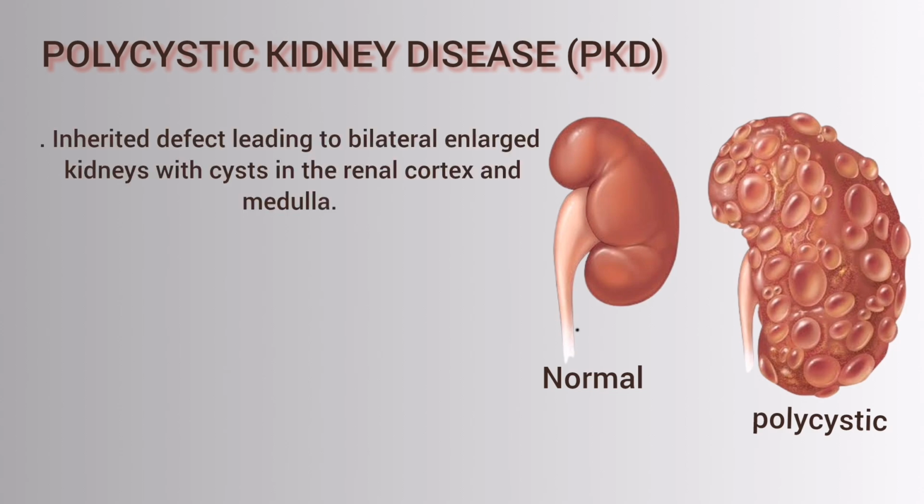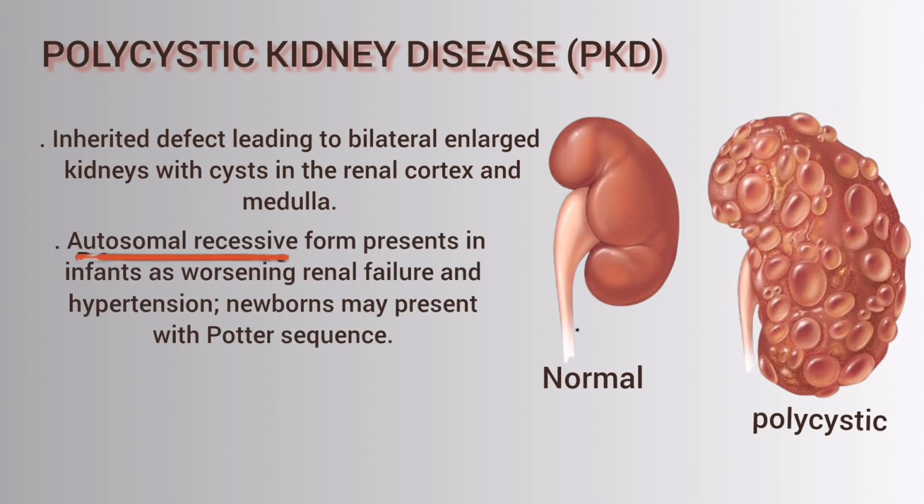PKD is an inherited defect leading to bilateral enlarged kidneys with cysts in the renal cortex and the medulla. It means the cysts are present in both the renal cortex and the renal medulla. This may be autosomal recessive or autosomal dominant. The autosomal recessive form presents in infants as worsening renal failure and hypertension.